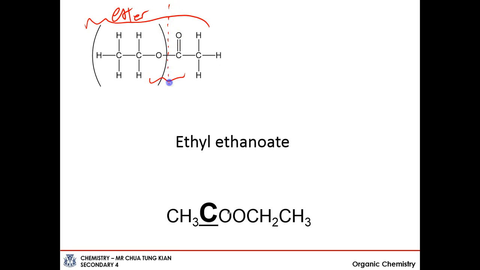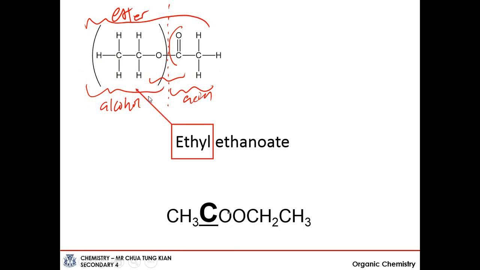Okay, so how do we split the ester into half? We split it at the COO portion. So this CO portion here belongs to the acid. So this is the acid part. This part here belongs to the alcohol. So this is the alcohol part. Alright? And when we name it, we name the alcohol in front first. So this is from ethanol. So ethanol, I will call it ethyl.